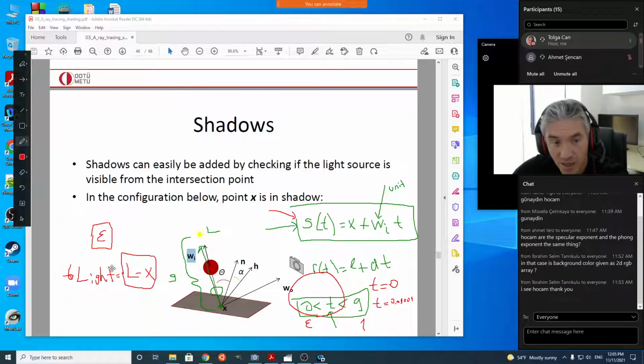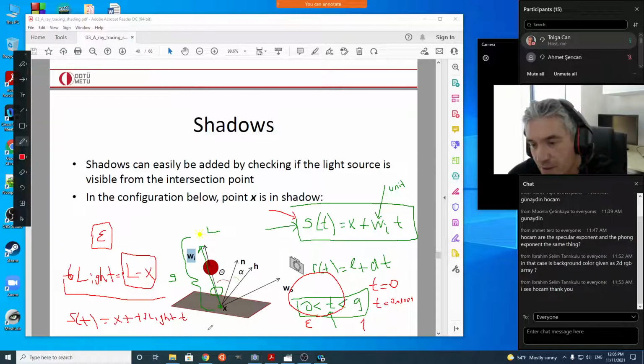So depending on how you maintain these vectors, you should always be careful about the lengths of your vectors. If the to-light vector is the non-normalized version that you use for shadow rays, that g unit you're going to be using is going to be 1. Because when t is 0, you're here. When t is equal to 1, you'll be here. If this to-light vector times t is how you write your shadow ray, it will be between 0 and 1.